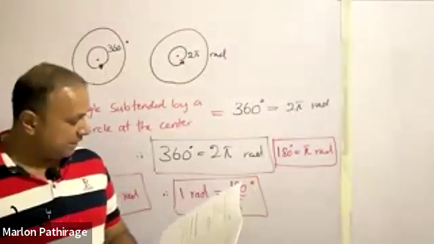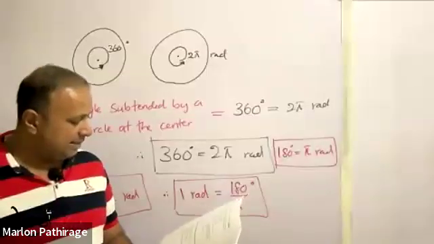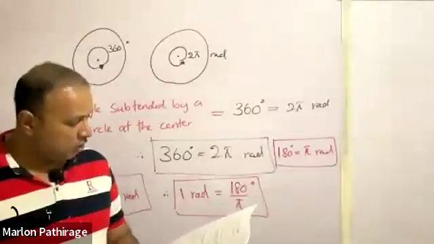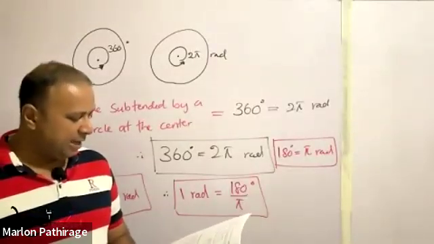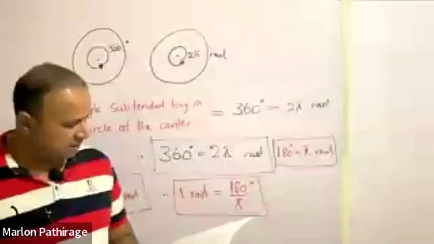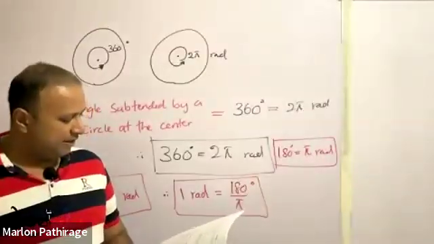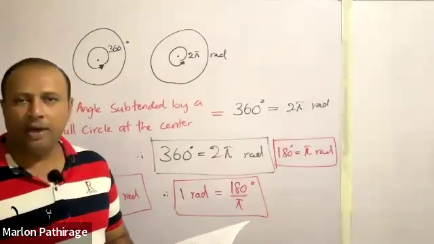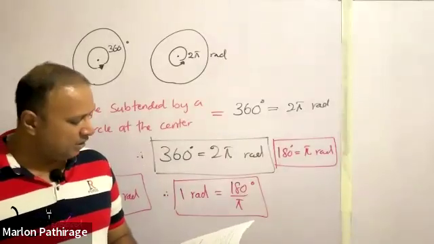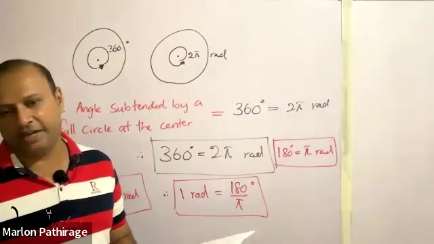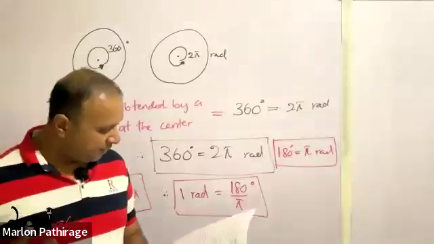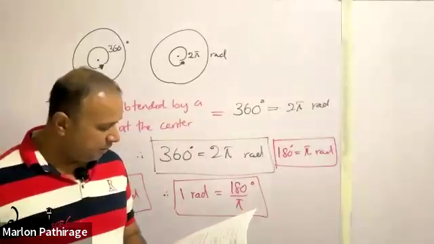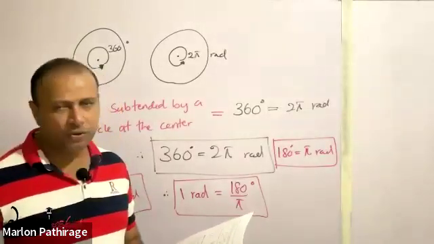Take the first question. Convert the following angles in degrees to radians. There are a lot of angles, but start with the first 5 angles. That means 0, 30, 45, 60, and 90. Please convert from 0 to 90.